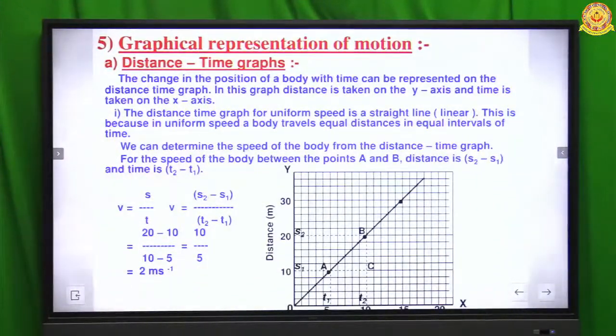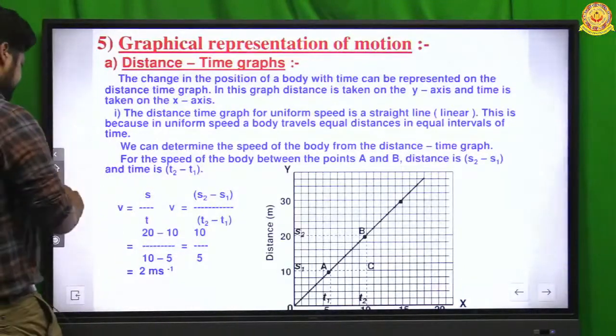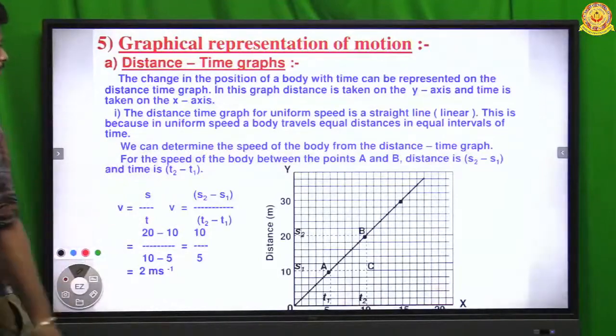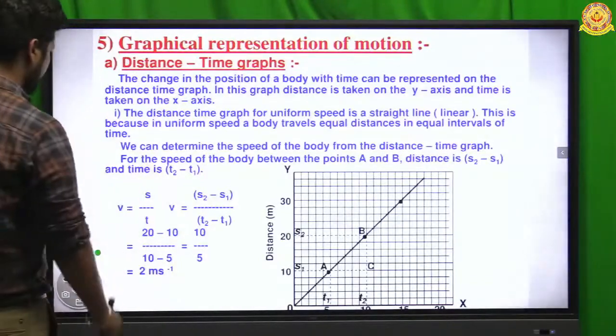The change in position of a body with time can be represented on the distance time graph. This is a distance time graph, students.